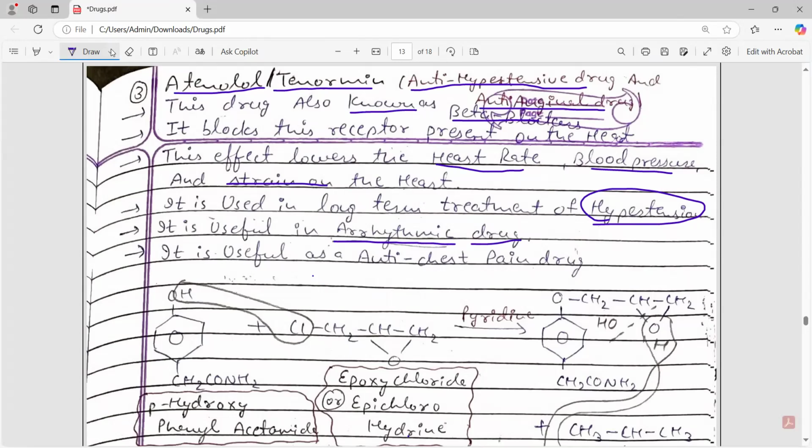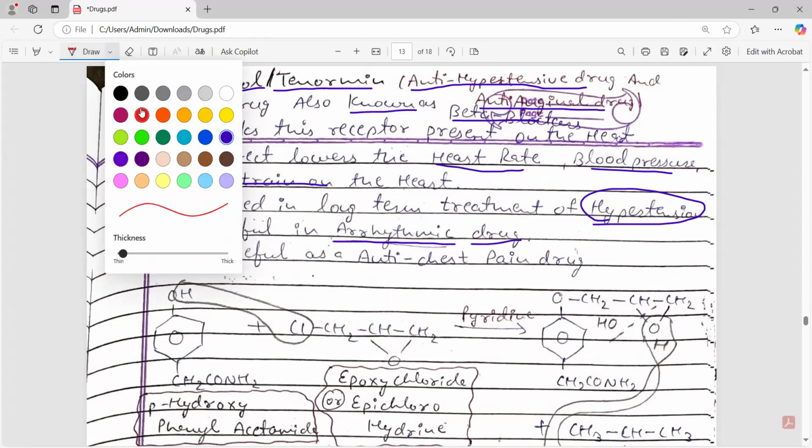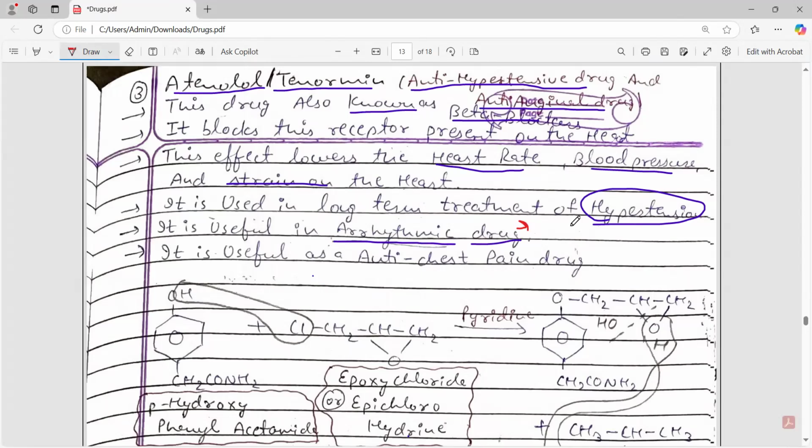That is known as an anti-arrhythmic drug.